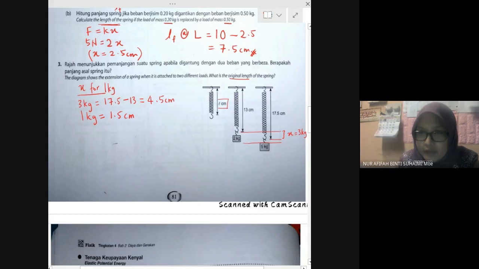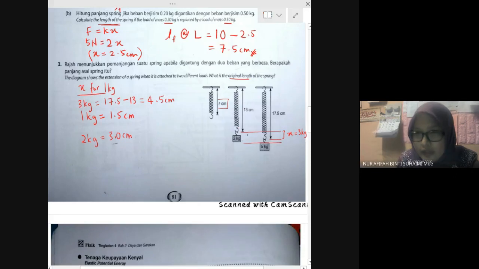The spring will extend 1.5 and 1.5 for 1 kilogram. So for 2 kilogram here, it will extend to 3.0, 3 cm. Boleh? Okay.